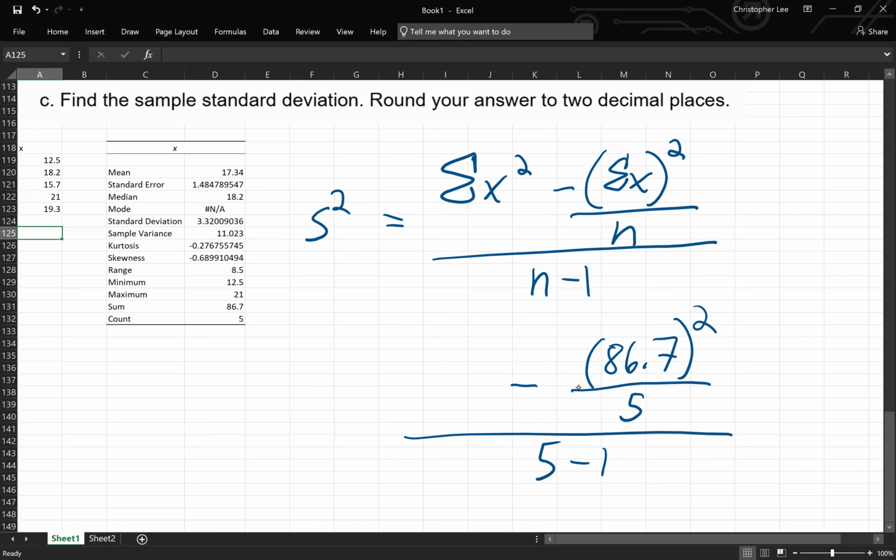I just have to figure out what the sum of x squared is. 1,547, yeah, that's the same. Let me catch up with y'all.